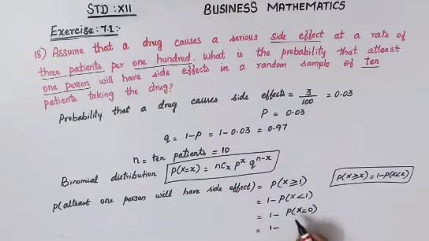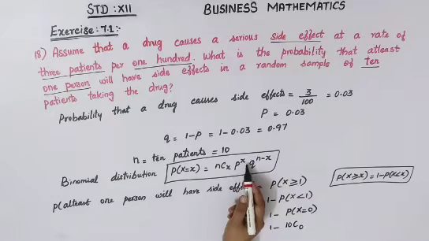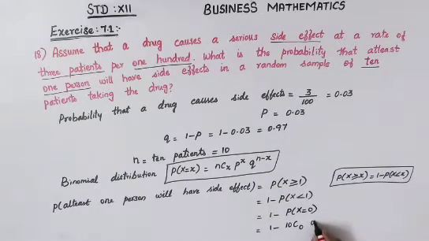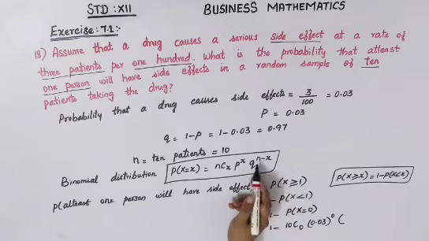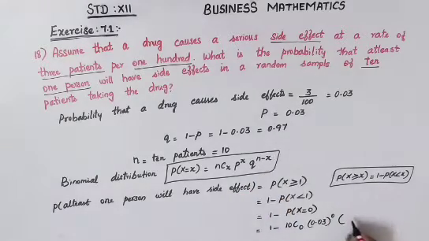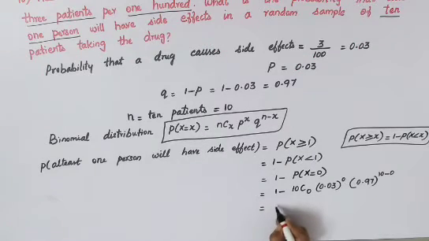Here n is 10, so 10C0, P power x, where p is 0.03 power 0, into q power n minus x, where q is 0.97 power 10 minus 0, which is equal to 1 minus 10C0.